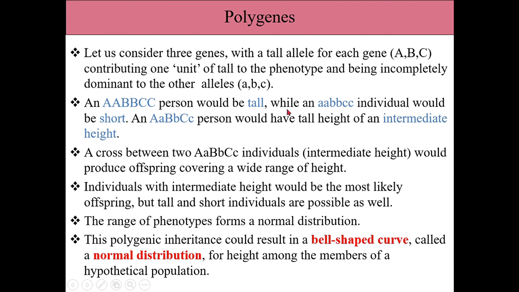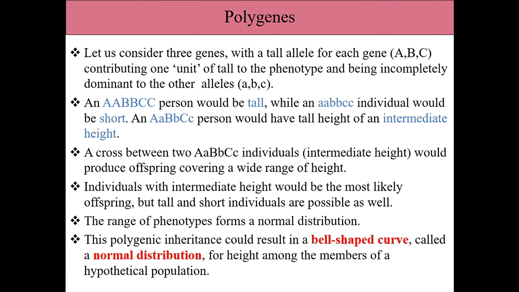But if the person has all recessive copies for each gene, all small letters, this individual would be very short. But it can also be a combination, for each gene heterozygous. So this person will have intermediate height. That's why this trait is varied. They have a range. That's why we don't have anyone truly very tall or very short. We have different variations of height.